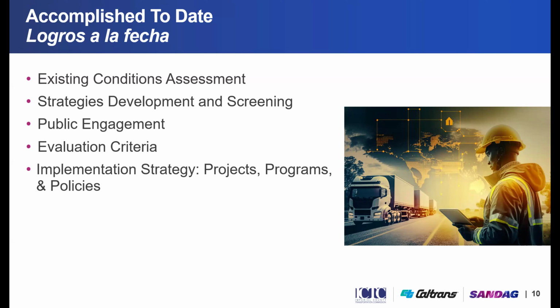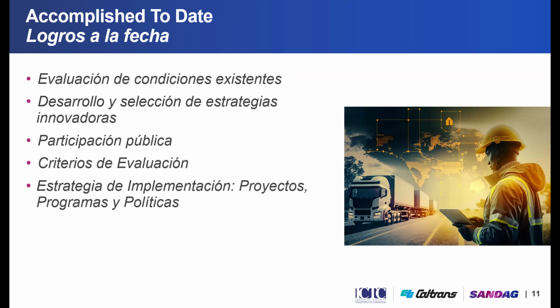And so we have condensed our list of nearly 200 strategies that are in this plan into 11 key strategies, some of which we'll be discussing tonight. And we will be looking forward to hearing your feedback and comments on those strategies, as well as the workforce development toolkit, which will be covered towards the end of the presentation. Next slide, please.